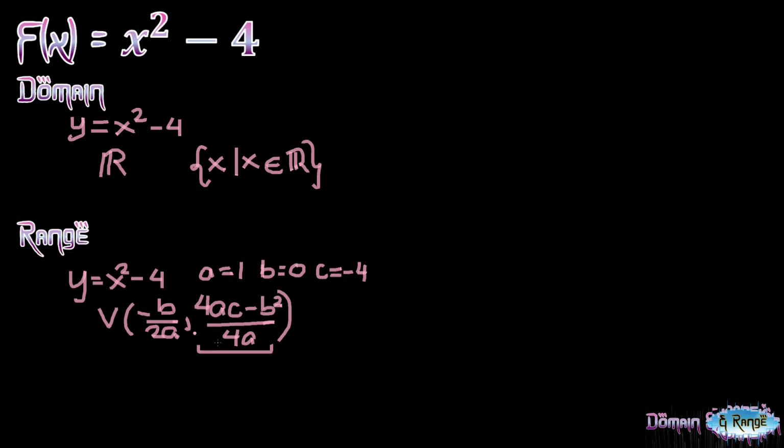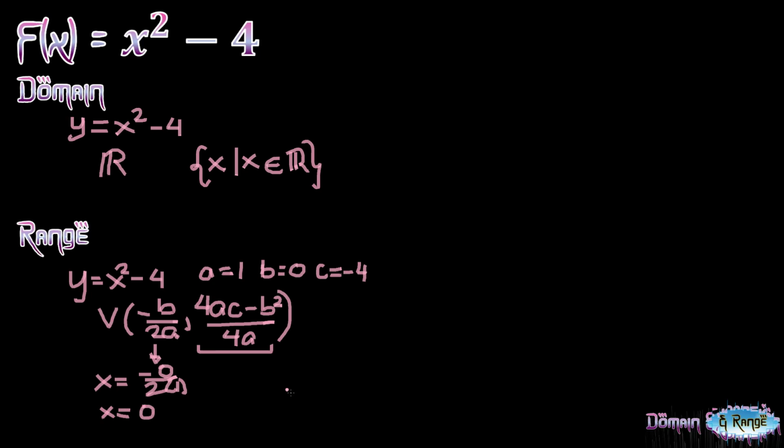Now, of course, you have this formula to determine the y coordinate, or y value, of your vertex. But we could also start by getting this one here. That's the value of x, negative b over 2a. So you have negative 0 over 2 times 1. No matter what the result of that is, your x is 0.